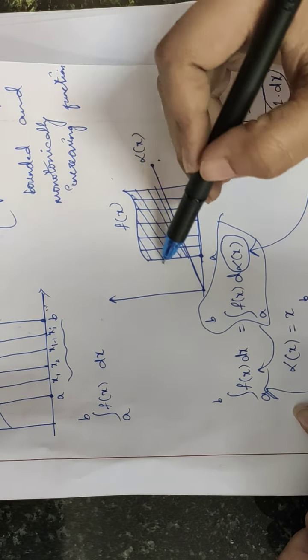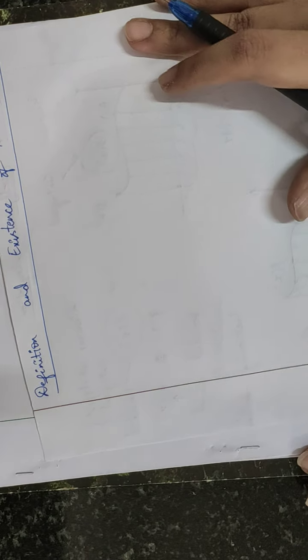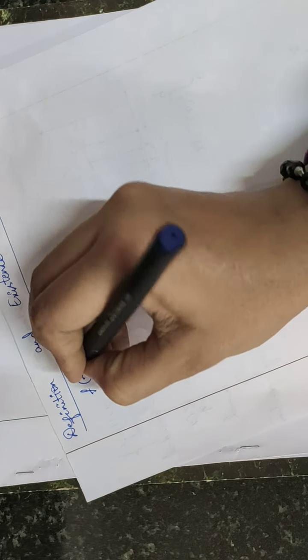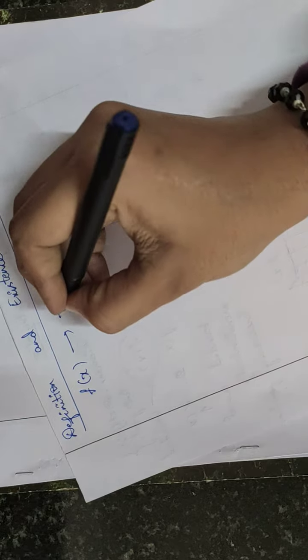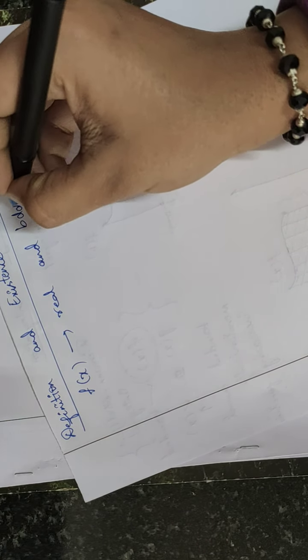Okay, so now let us move to the next one, that is definition and existence of your Riemann-Stieltjes integral. In order to define the Riemann-Stieltjes integral, RS is nothing but Riemann-Stieltjes. Okay, so first I have to consider a function f of x. This is a real and bounded function.